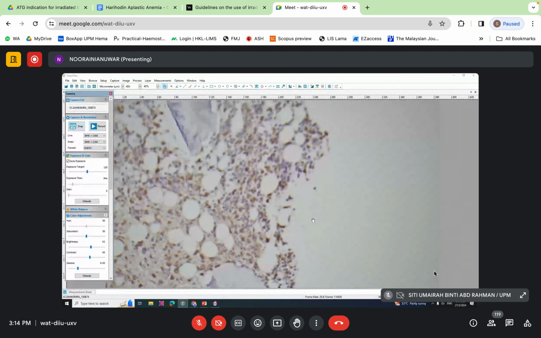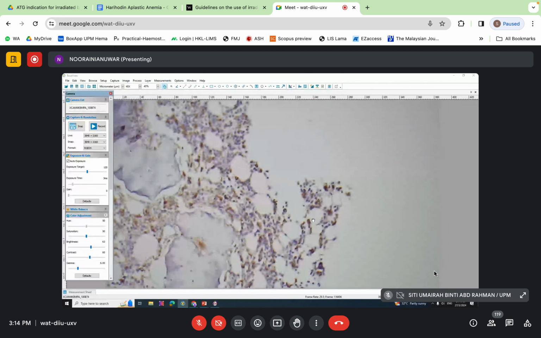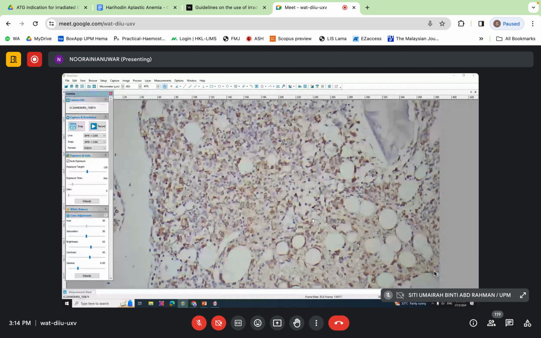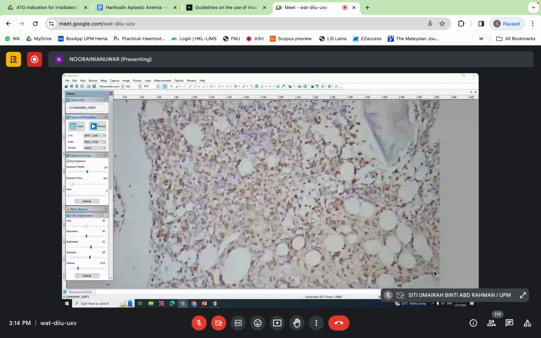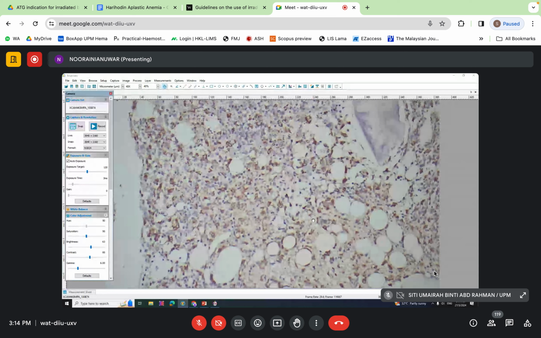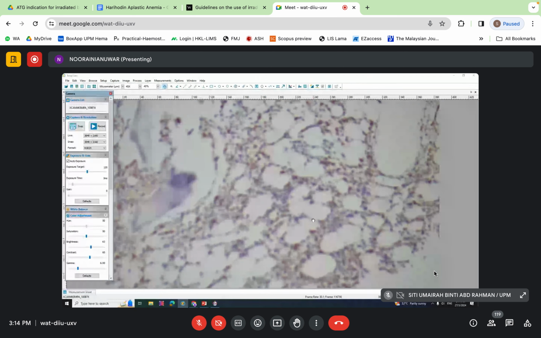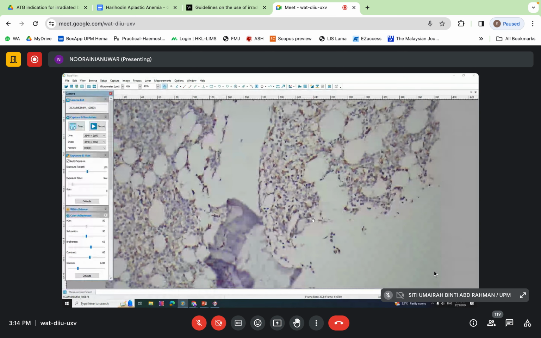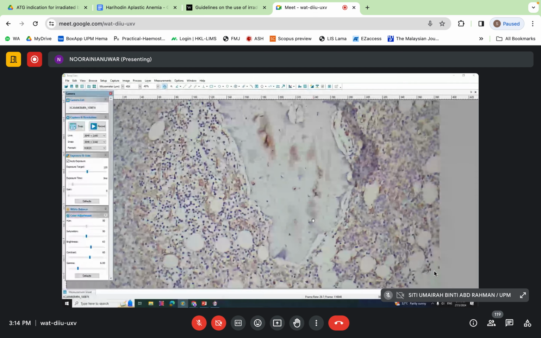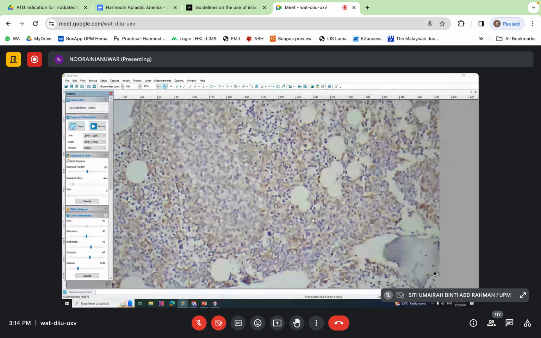What is this stain? CD68. So it's going to highlight the macrophages. Yes, we can see there is an increase in CD68, strong.